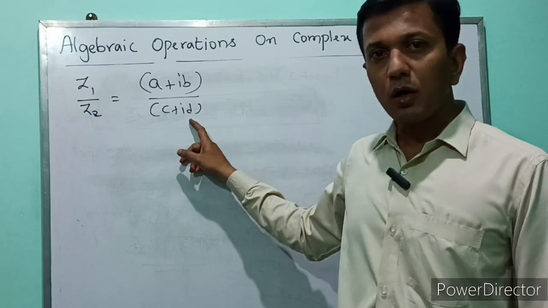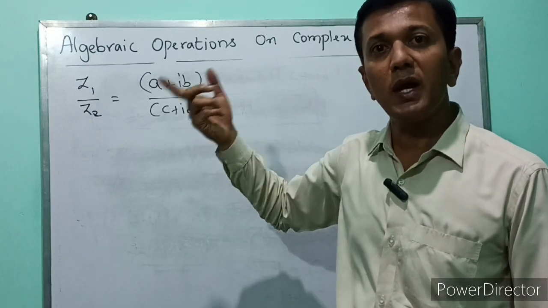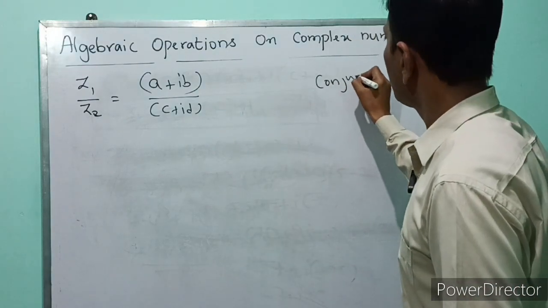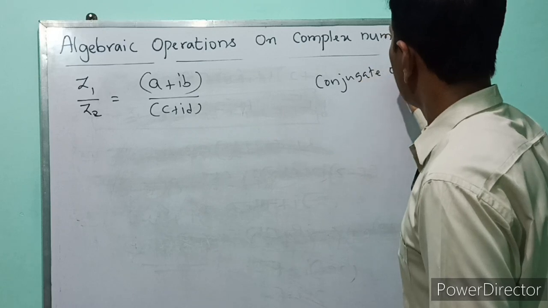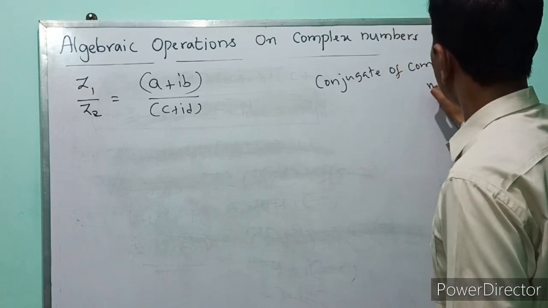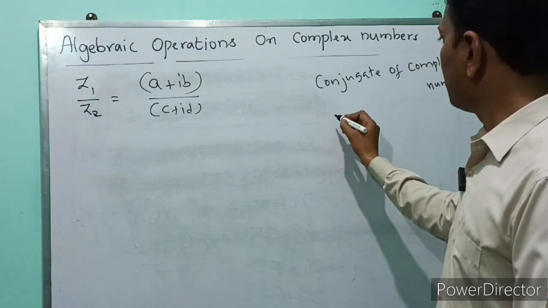The denominator is a complex number, so you have to rationalize it. So what will be the conjugate of a complex number? That is another topic. What's the meaning of the conjugate of a complex number?